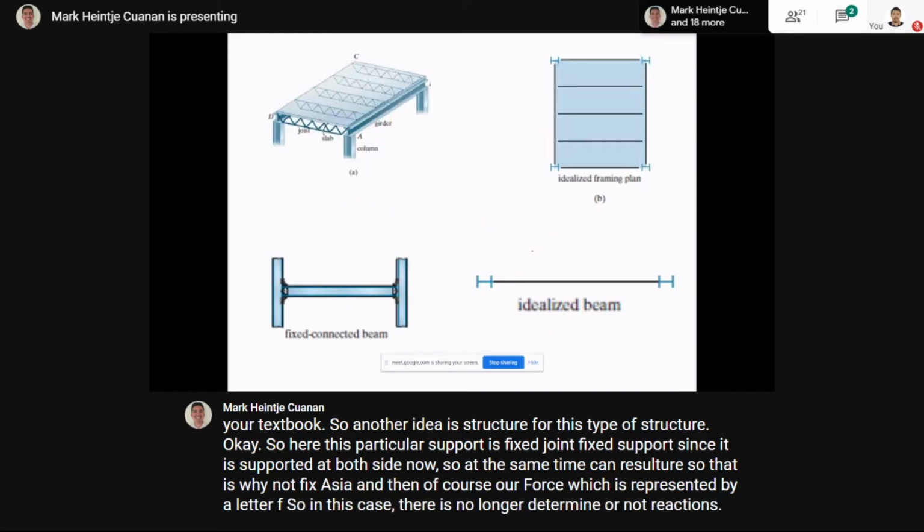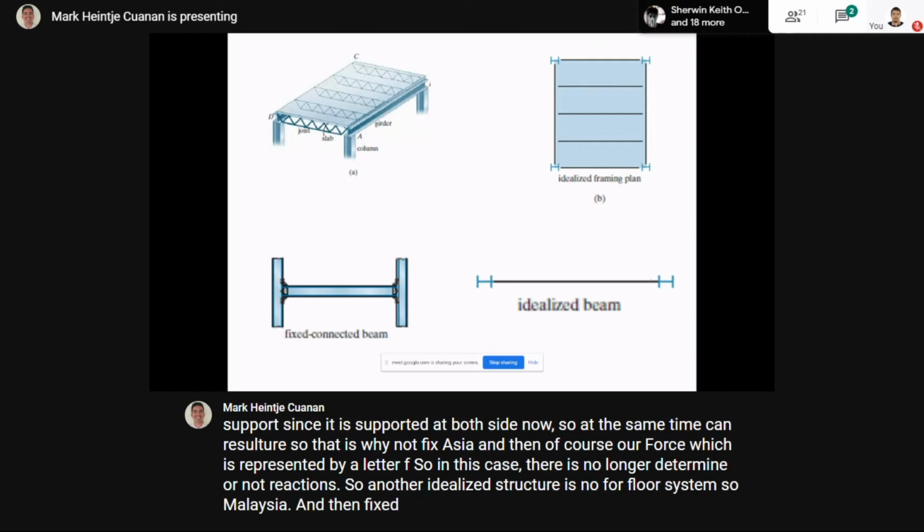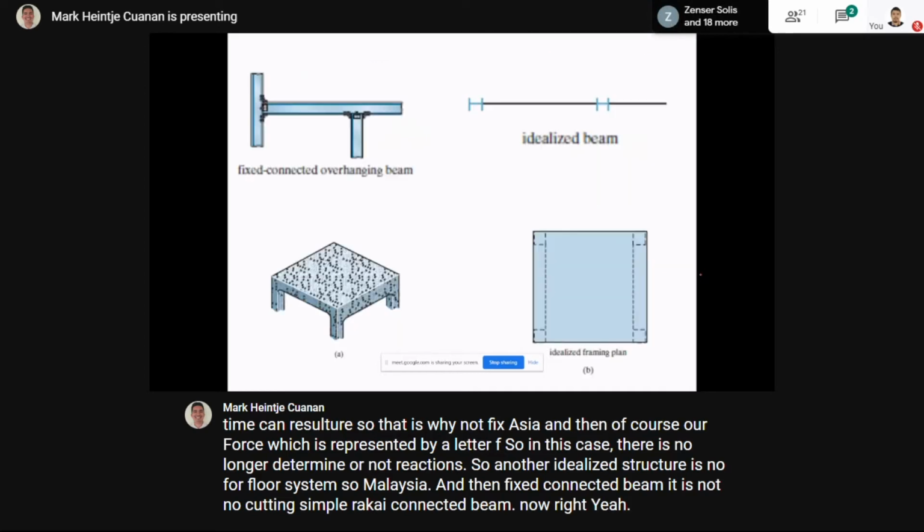So another idealized structure, for a floor system, is like this. And then a fixed connected beam. Yes, it can be very simple like this for a fixed connected beam. Right? And then a fixed connected overhanging beam.